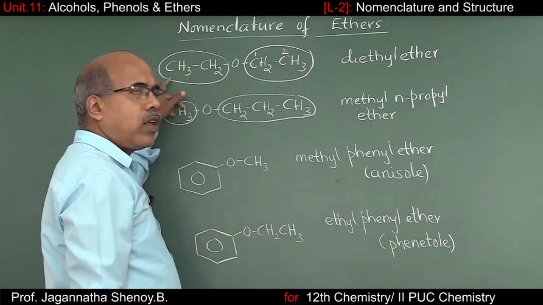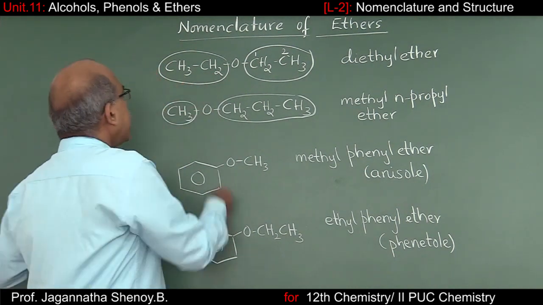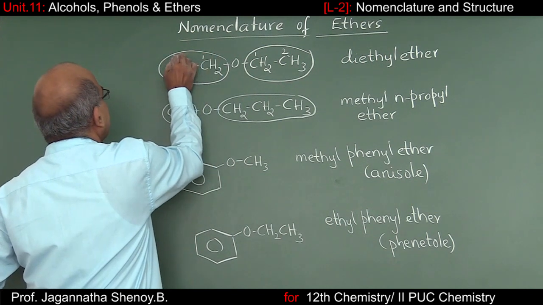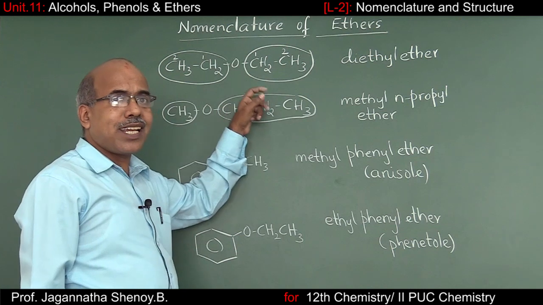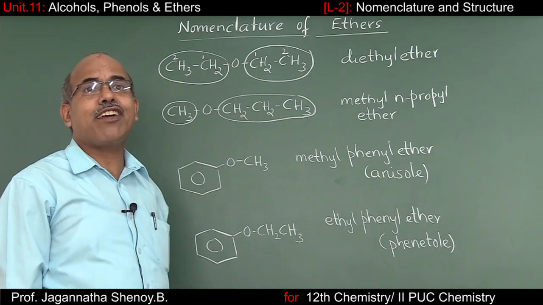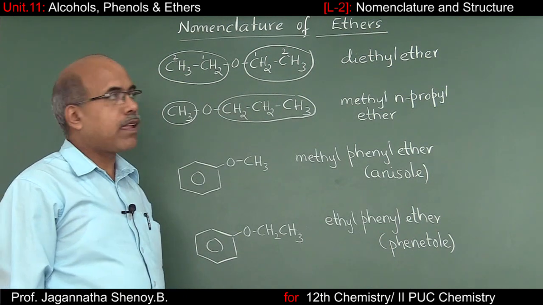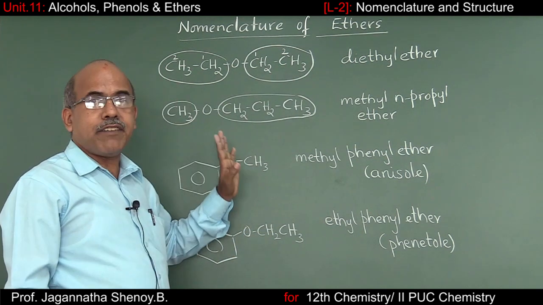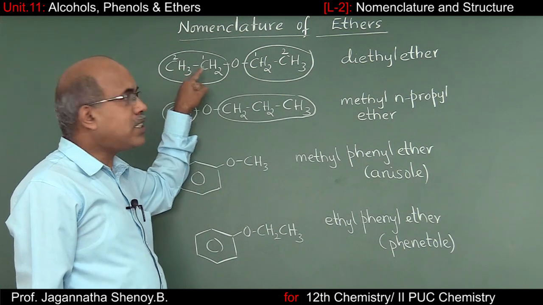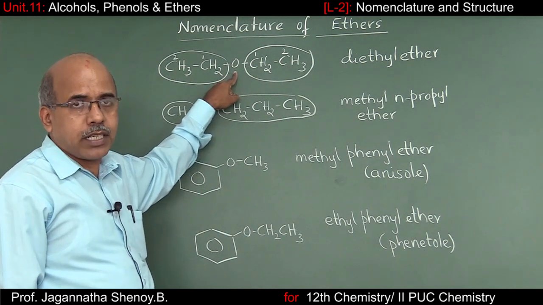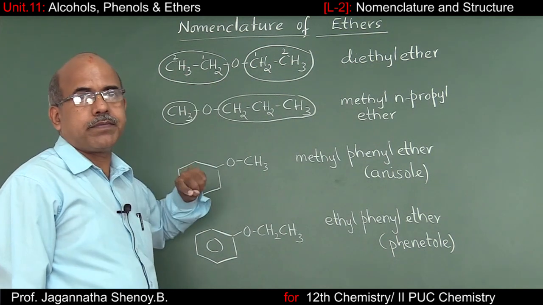On the left-hand side also it is the same. Remember, what I consider here is the longest continuous chain of carbon atoms. So in the longest continuous chain we don't have four carbon atoms, because the continuity of the carbon chain is broken by the presence of the oxygen functional group.